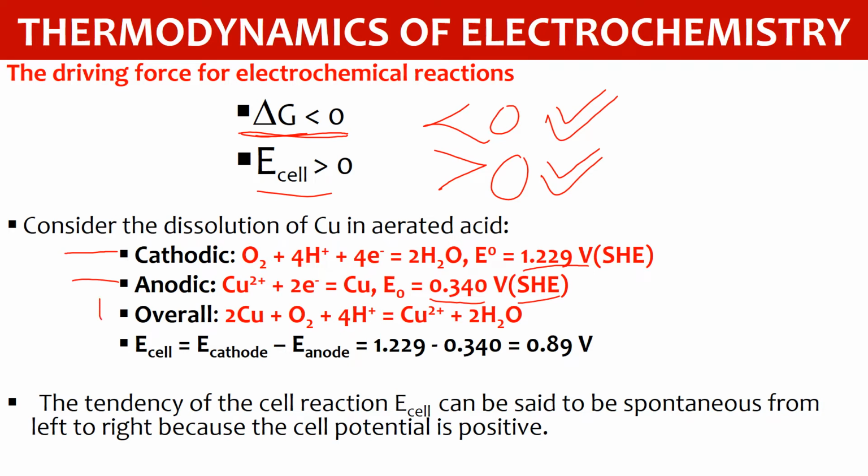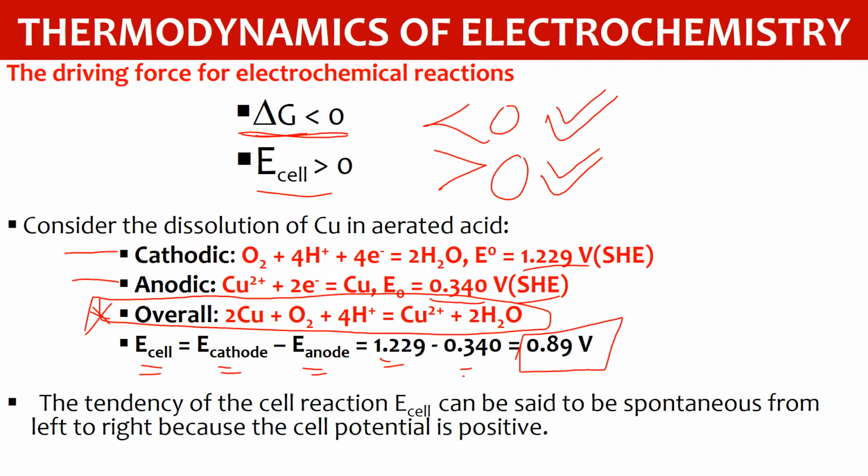So this now is the overall reaction for dissolution of copper. You find that your E cell for this overall reaction will be the E cathode minus the E anode. So your E cathode is 1.229, your E anode is 0.34. So your E cell for this reaction is actually 0.89. Okay. So from this we can see that this is definitely greater than 0.